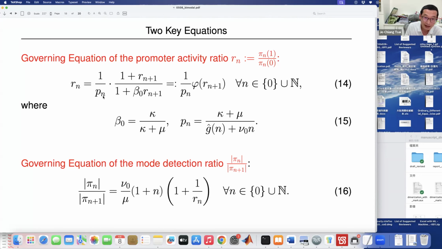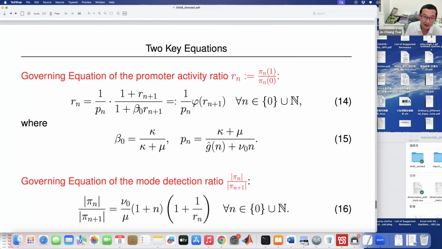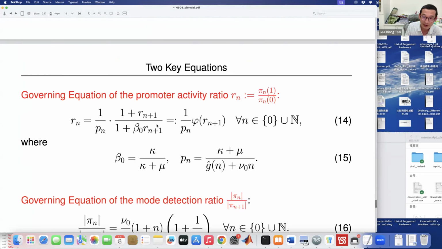So this equation, equation 14, fully determines the evolution of the promoter activity. I can determine the promoter activity ratio using only this equation. Very nice, you don't need to solve the chemical master equation.